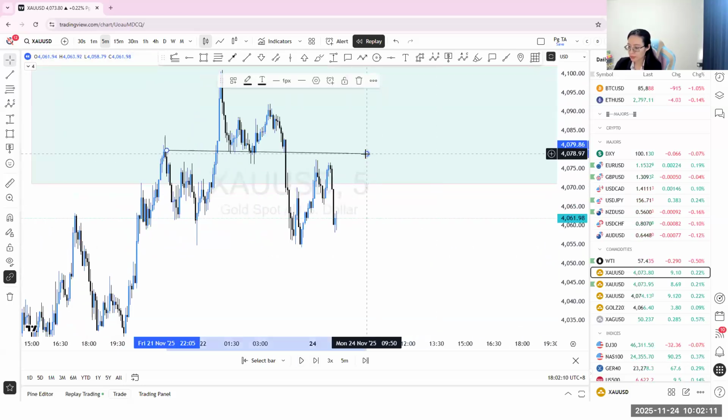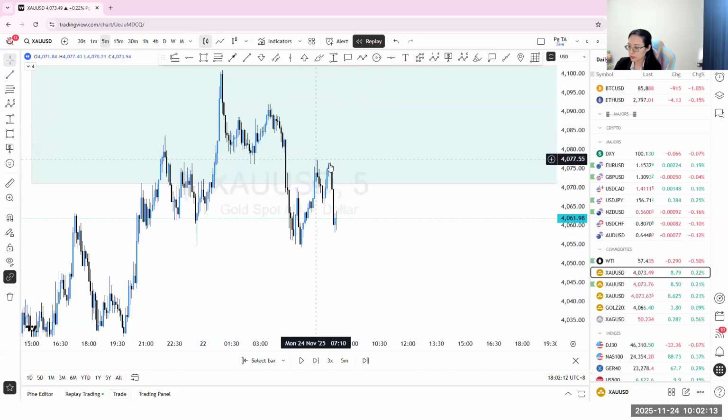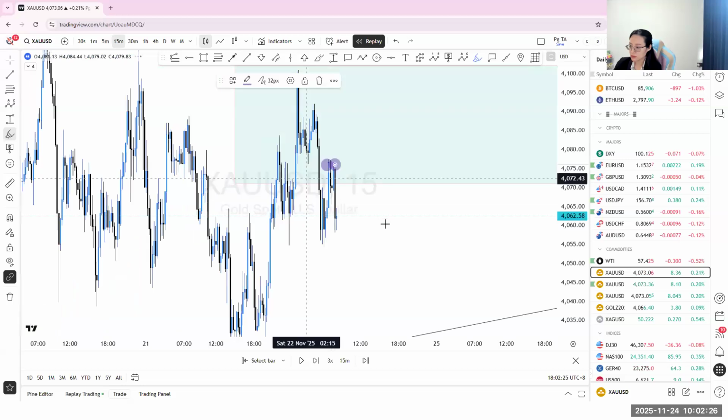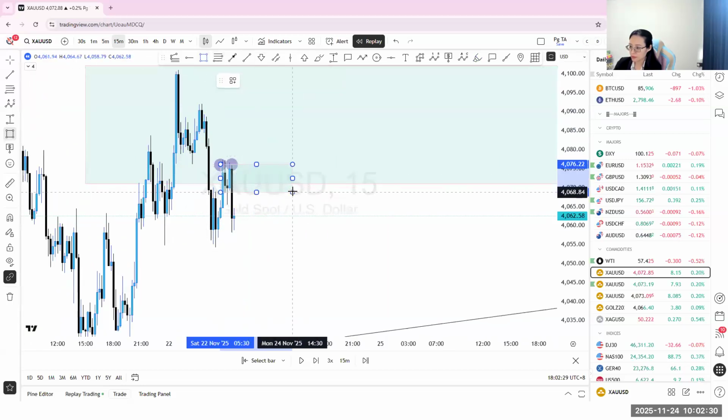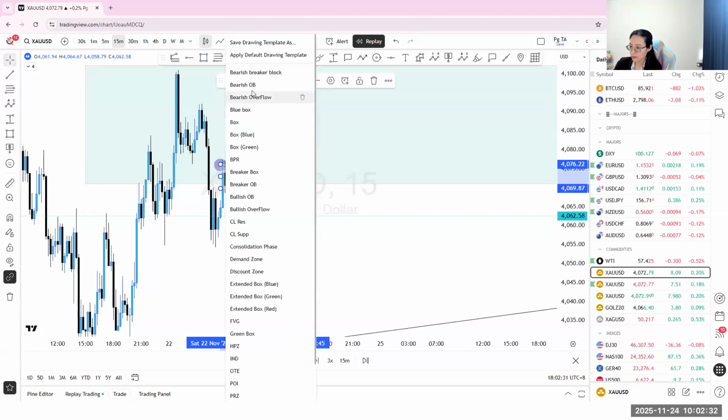Market open, price went into the OB here at today's 7 o'clock, and M15 went back up. It created the double top. I go to the M15, price closing with belly and gap, creating an OB, that is OB here.